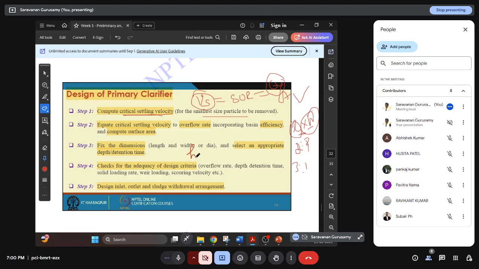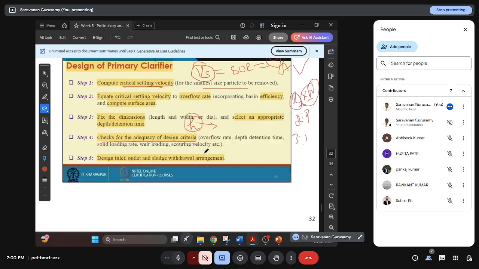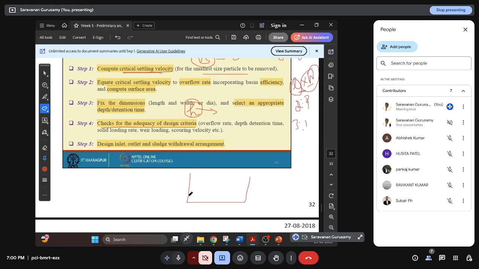How to find H? Check the adequacy of the design. So this is another important thing. H naught plays no role in the sedimentation tank, because whatever the height, the particles settle based on the surface overflow rate only. So we have a new technology called tube settlers. Whether the height is 1 centimeter or 1 meter, settling is the same, right?